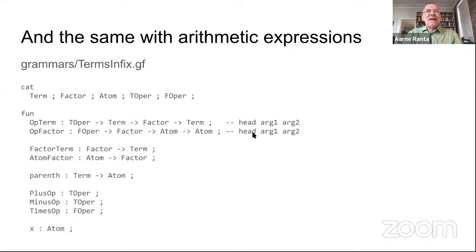The most obvious experiment is to have arithmetic terms formed from plus, minus, and times, with just one atom, which is X, and then you have two combination rules where you build infix expressions, where you treat the operator as the head and the arguments as the two dependents.